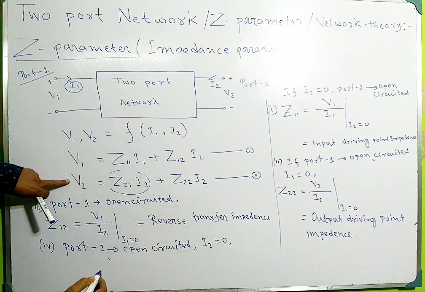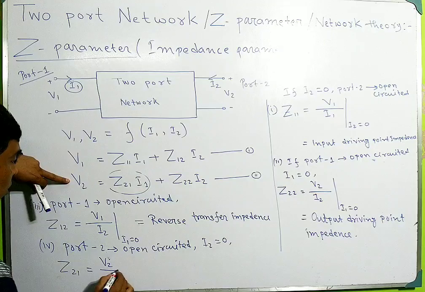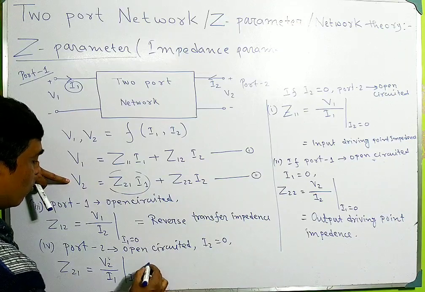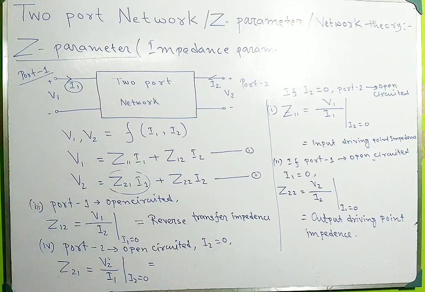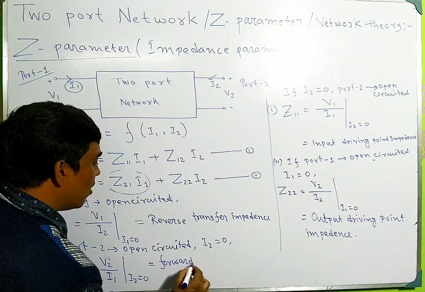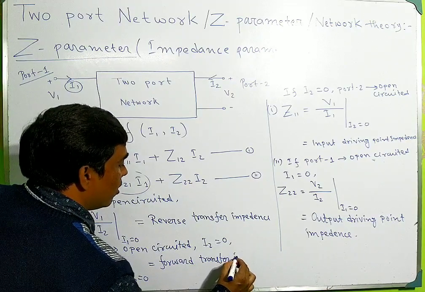Then from equation 2 we can write that Z21 is given by V2 divided by I1 when I2 is equal to 0. This is called forward transfer impedance.